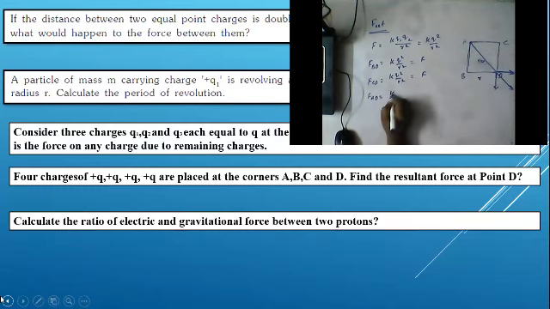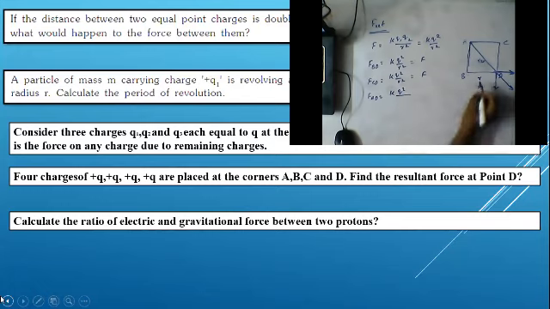Similarly, if you clearly observe, the distance is root 2 r, so I can write F AD is equal to K Q square by root 2 r whole square, which is 2 r square, or simply F by 2. After getting the individual values, you can observe that the force due to CD and the force due to BD are perpendicular to each other.